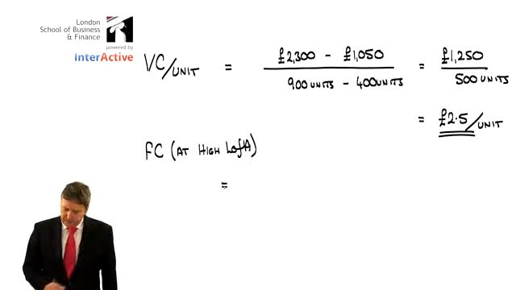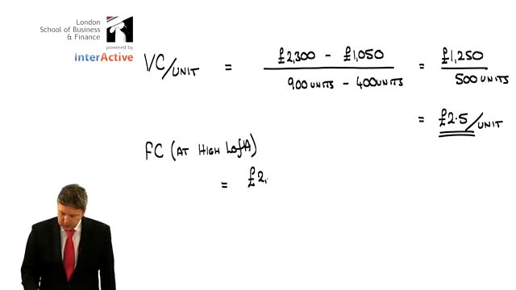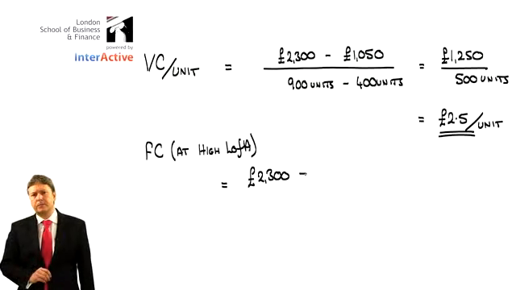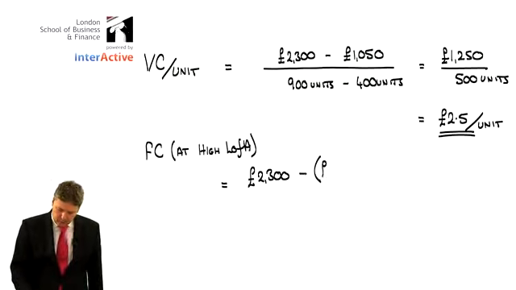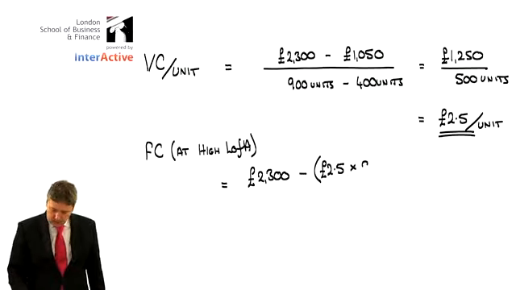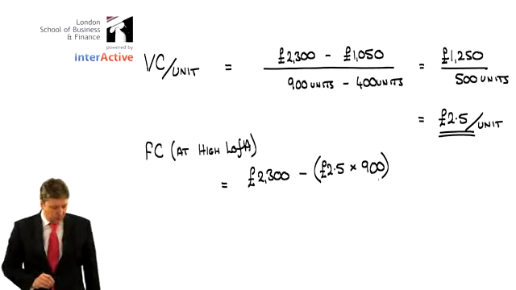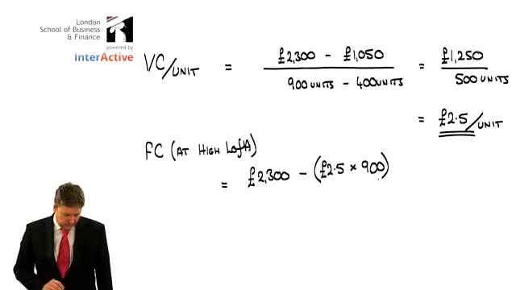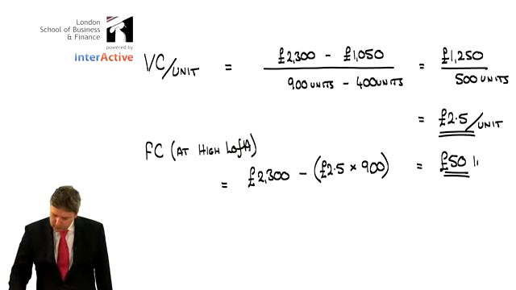Therefore, if we're looking at the fixed cost, the total cost is 2,300 minus the variable cost. Well, we said that the variable cost per unit was 2.5. And we said that the high level of activity was 900 units. 900 multiplied by 2.5 comes to, very simply, £50. £50 if you wish in total.